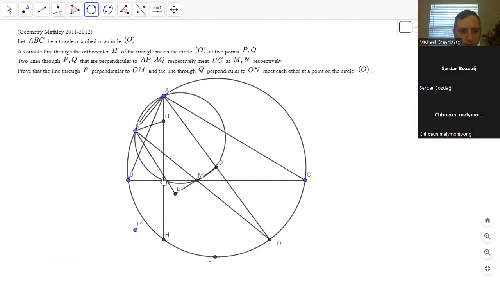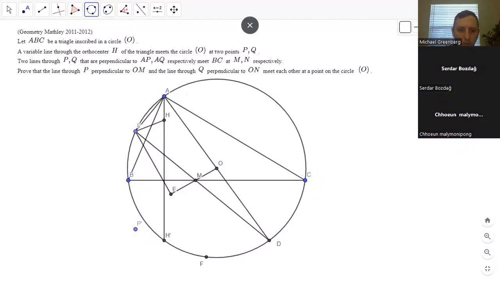So maybe it would help to draw this. But then we do use point D there.